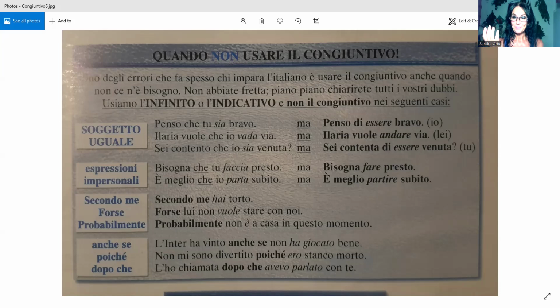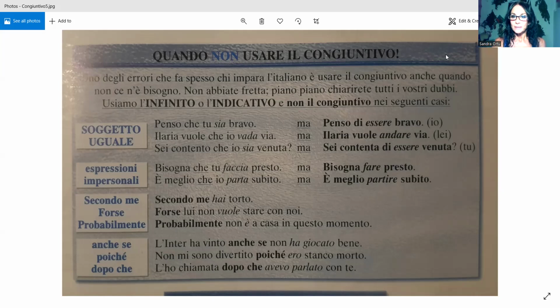Yes, you can. In fact, you must if you have just used any of those words that we have in those long lists that we saw in the previous video. So that is number one. Now let's see what the book says instead. So, "quando non usare il congiuntivo."